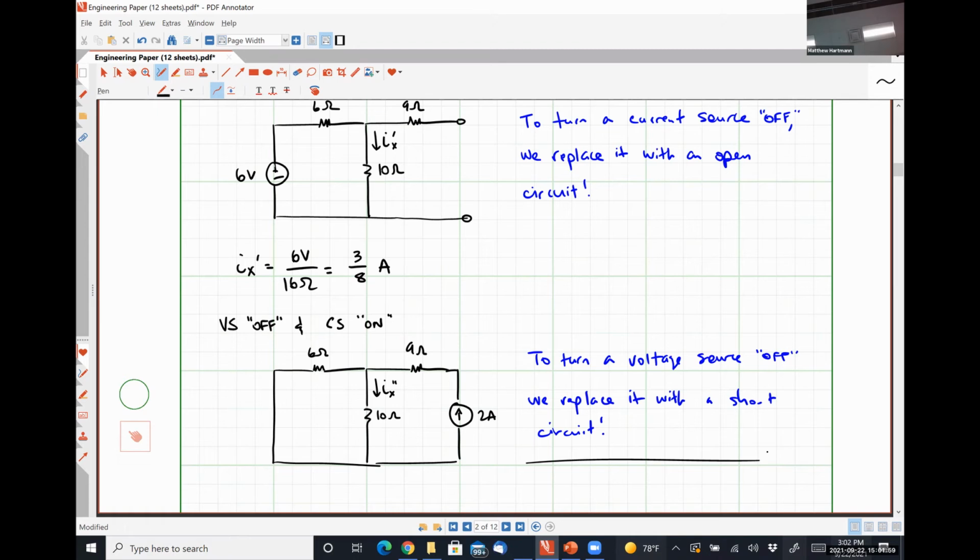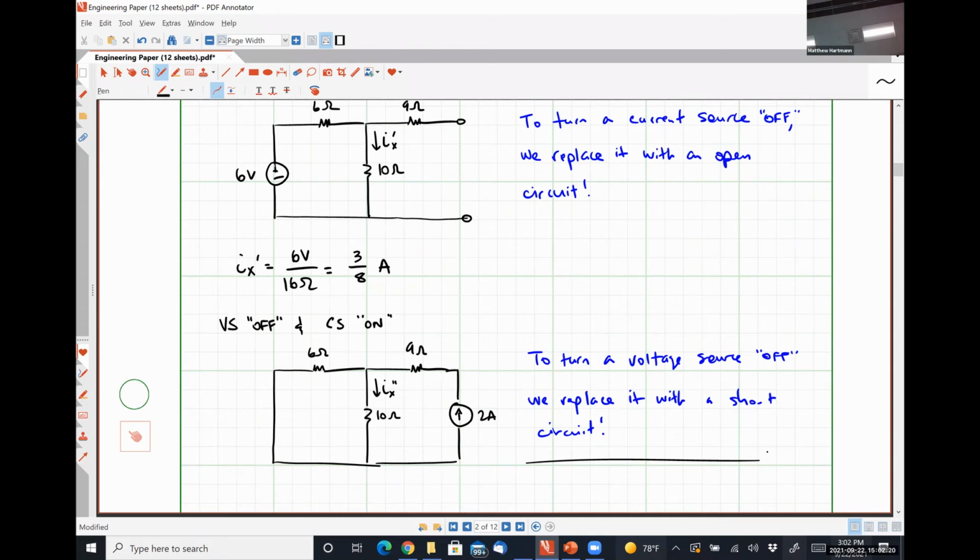So circling back around to my original question, how do we solve for this current Ix double prime? Current division, yeah. We have a known amount of current flowing into a network containing parallel resistors, right?